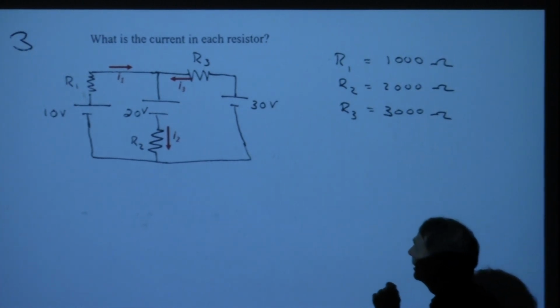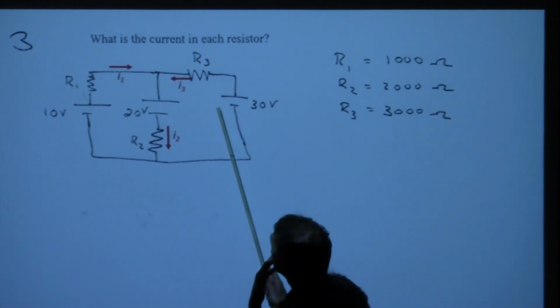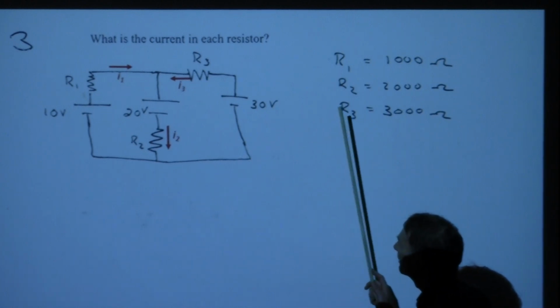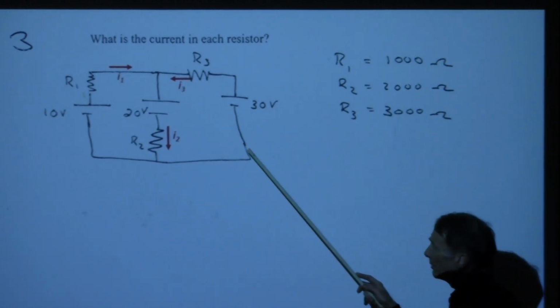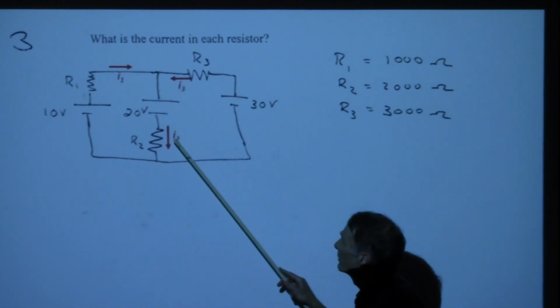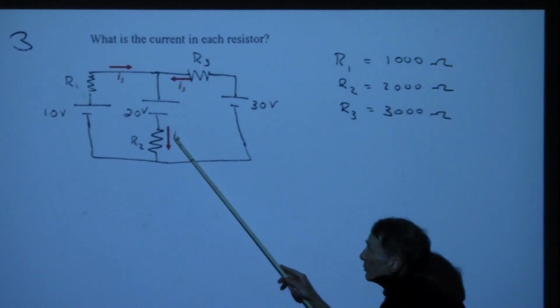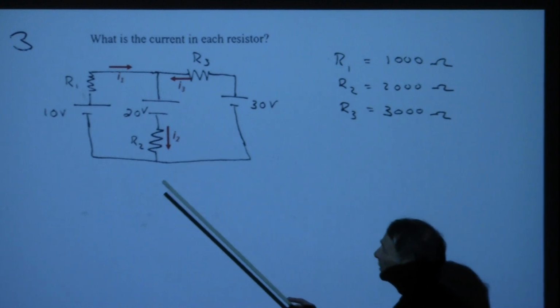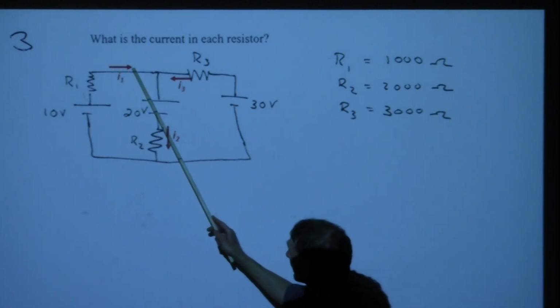Now, there's something I want to say here. Again, when I start this problem, you don't have to second guess where the currents are going. What you're doing is forming a sign convention. Like when I put this one, it doesn't matter.